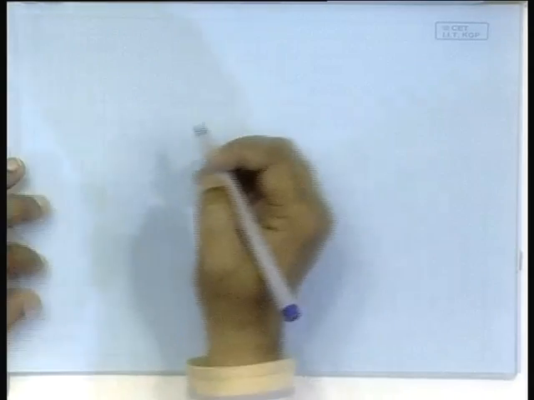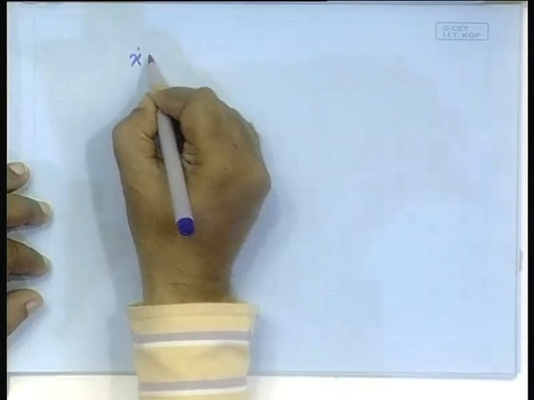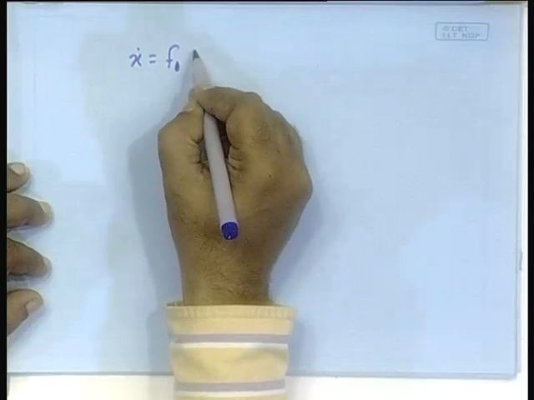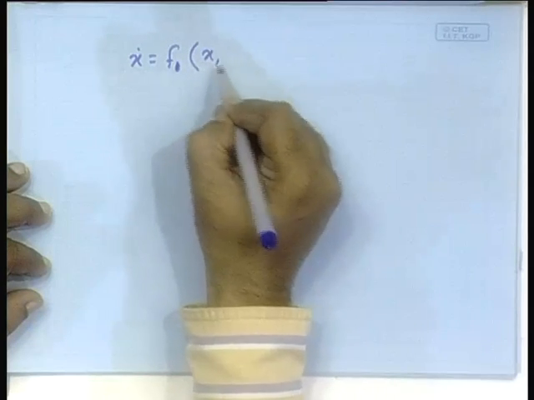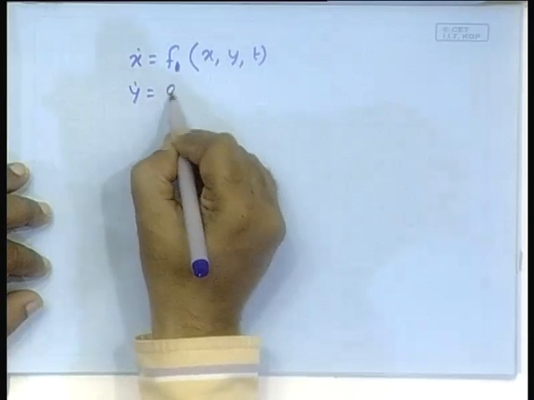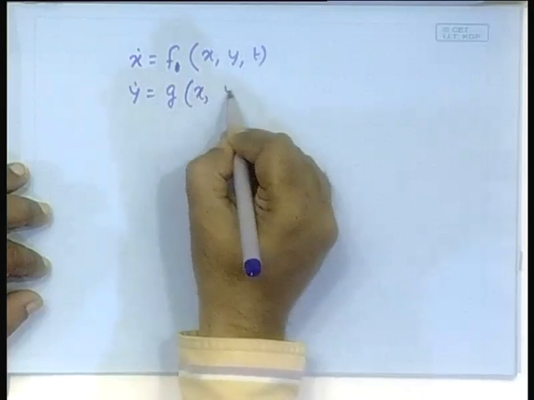So, suppose you have the equations given as x dot is equal to some function f of x, y and time, y dot is equal to another function g of x, y and time.